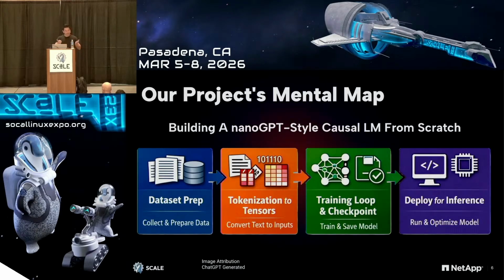Then you have a tokenization process, where we tokenize the data set into something that can actually be operated on by PyTorch or any other machine learning framework. Then we have a training loop, where we iterate over and over again over the data set. We save our model, and then we deploy for inference. These 4 steps are what we're going to talk about next in some more detail.